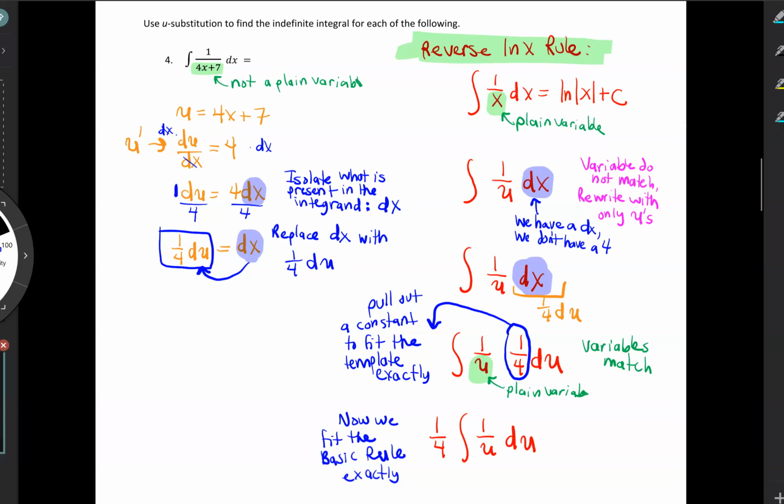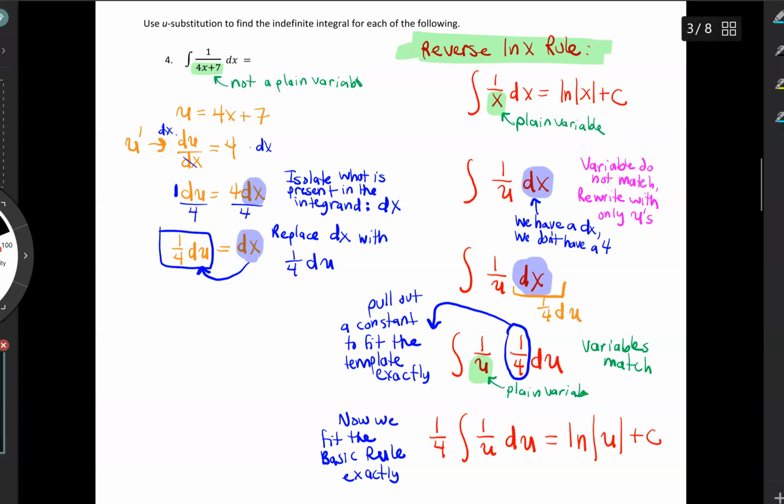Okay, so now we can follow our rule. Awesome. So I'm just going to come up here to this rule and say, okay, what's going on over here? Well, if my integrand is 1 over a plain variable, which it is, and the variables match, which they do, then my original function was natural log of the denominator. I just slap absolute values around that, and then I add a c to it.